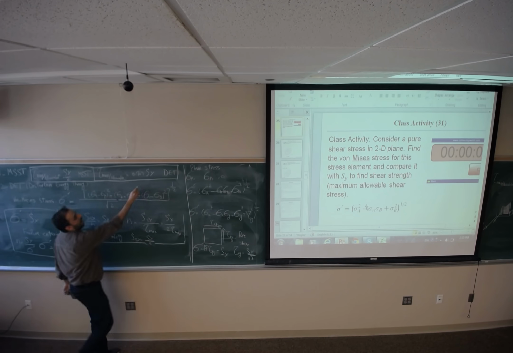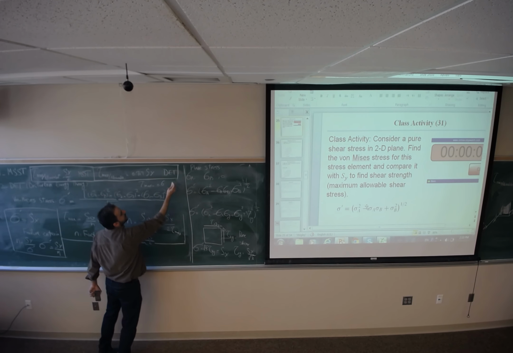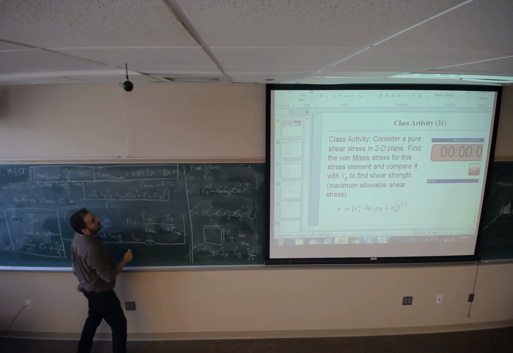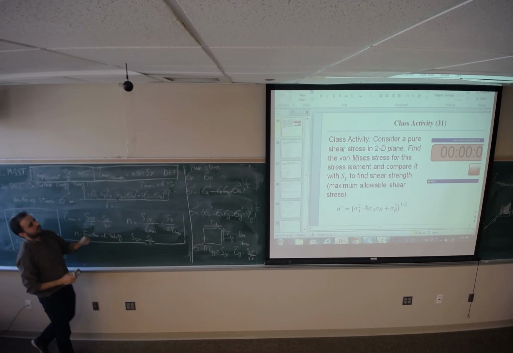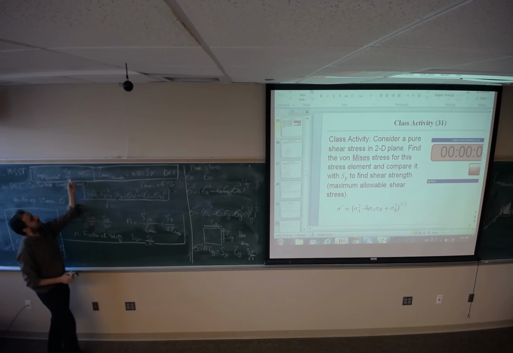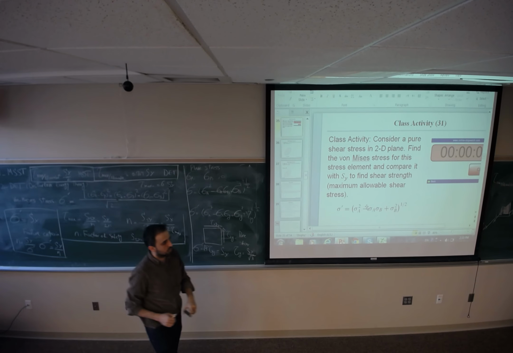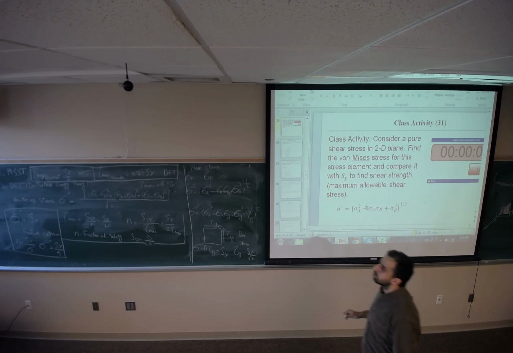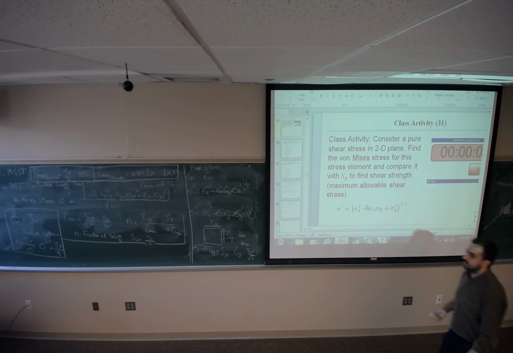So if tau max, for example, is 0.6 Sy, based on distortion energy theory, since 0.6 is less than 0.577 times Sy, you should be safe. But it's greater than 0.5 Sy, so you have failure. So this is what we can say about comparing this to this. All right, we continue tomorrow.